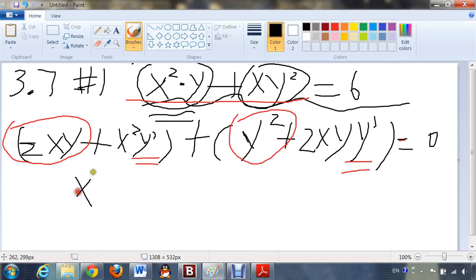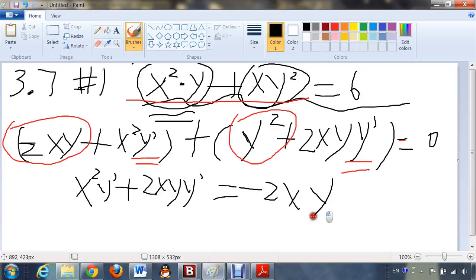So the left side will be just x squared y prime plus 2xy y prime, right? And on the other side of the equation, since we moved two things over there, we have negative 2xy minus y squared.